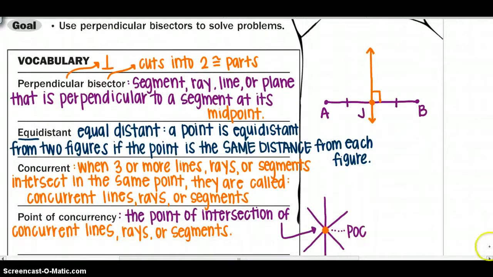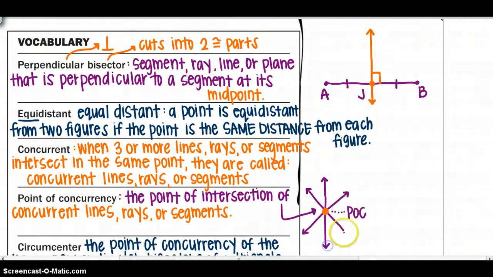With that, the point of concurrency. The point of concurrency is the point of intersection of the concurrent lines, rays, or segments. Notice out to the side here, I have three lines that intersect at the orange point.